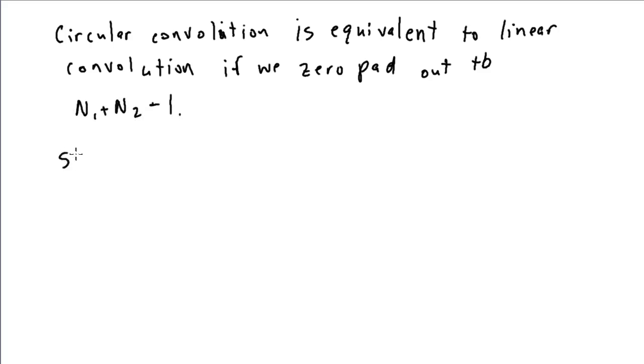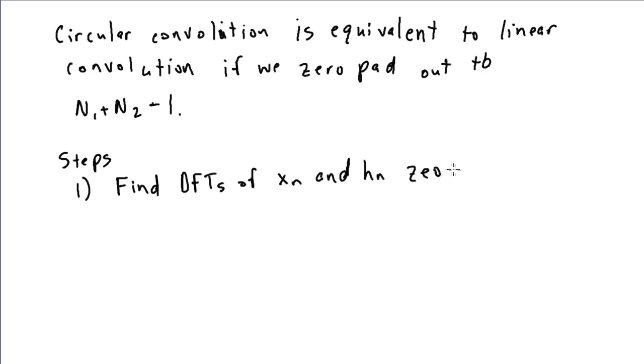Okay. So the steps in using the DFT to find the linear convolution of two discrete time sequences, or correspondingly to approximate the linear convolution of two continuous time waveforms: 1, we find the discrete Fourier transforms of x of n and h of n, zero padding out to the length of the linear convolution result, N1 plus N2 minus 1.